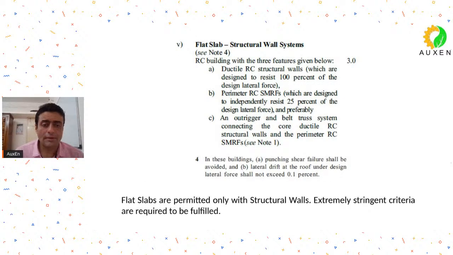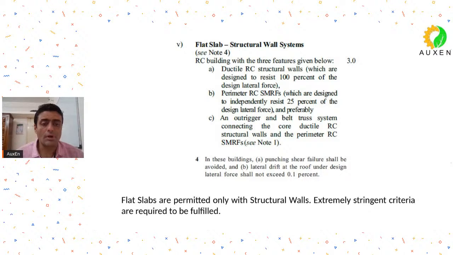If you have a flat slab, as I told you, flat slab is considered a villain by the Indian code. So if you have a flat slab, you have to accompany it with a structural wall, or what we generally call a shear wall, but the technically correct name would be structural wall.